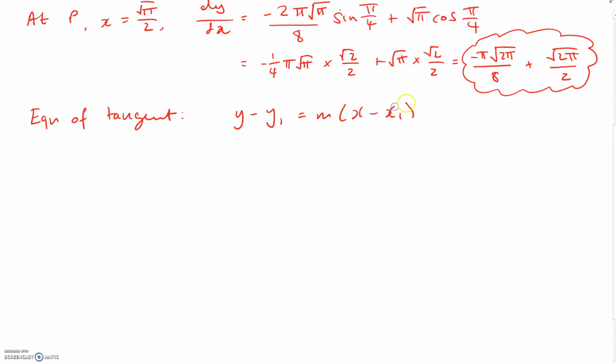So the equation of a straight line, and we're going to whack in the x and y coordinates and the gradient. And the reason that this is quite messy is because of that gradient that we get is not very nice, really. So we would get y minus the y coordinate is pi root 2 over 8 equals, and the gradient that we found, which is this, and that's going to be times x minus the x coordinate, which is root pi over 2.